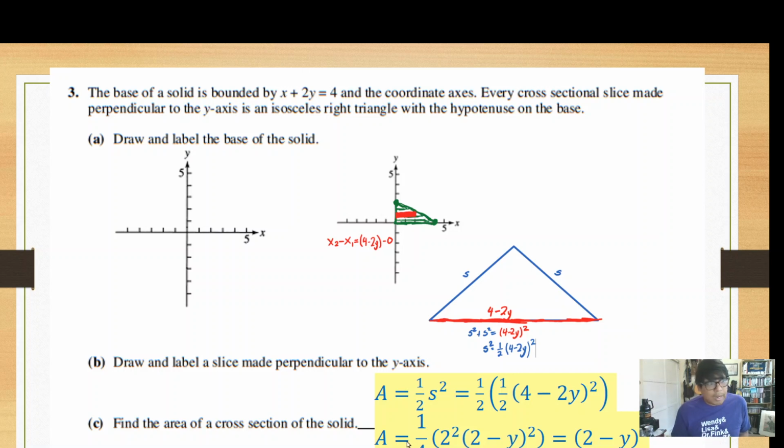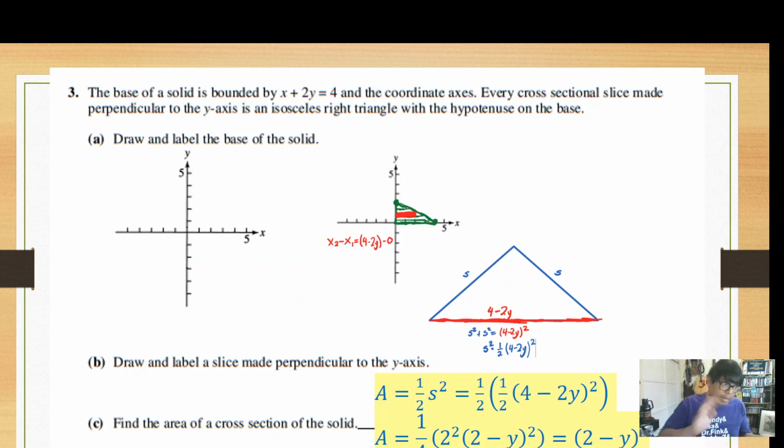So we're going to do some cute algebra here. From this inner parenthesis, we're going to factor out a 2, and of course it's going to be squared as well. So we're factoring out a 2 squared, and then that 2 squared and the 1/4 simplify. And the area formula is just (2 minus y) squared.